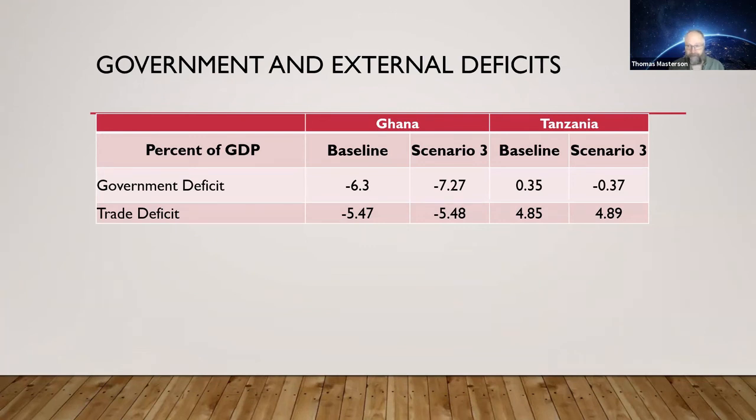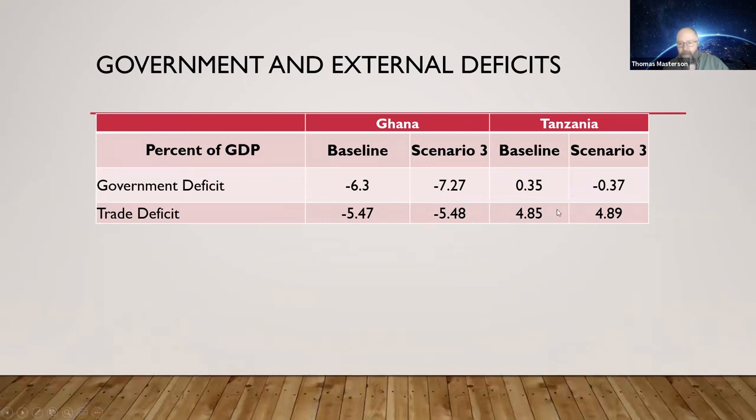that's the maximum impact on government deficits and the external trade deficits. You get a 7.3% deficit for Ghana. So that's a one percentage point increase in the deficit. And the trade deficit doesn't really change.